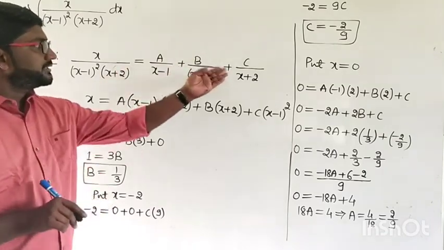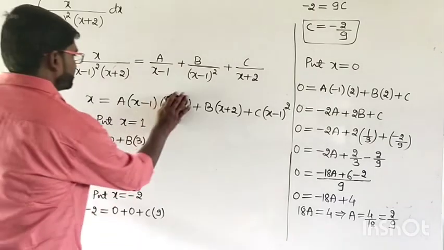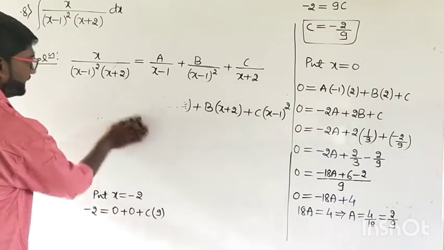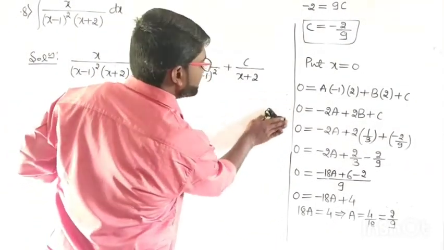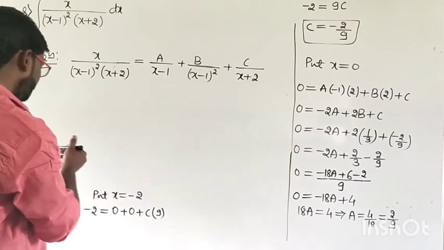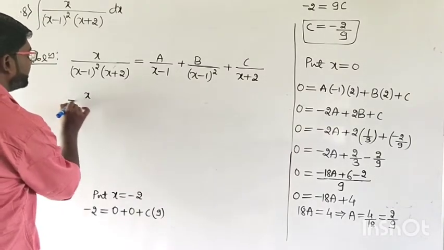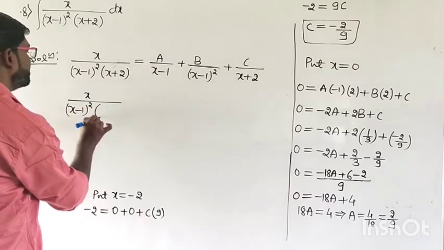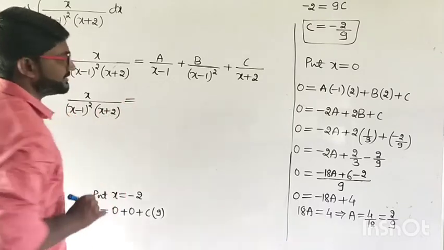Let us substitute in this particular equation. x divided by (x minus 1) the whole square into (x plus 2) is equal to, what is the value of a?